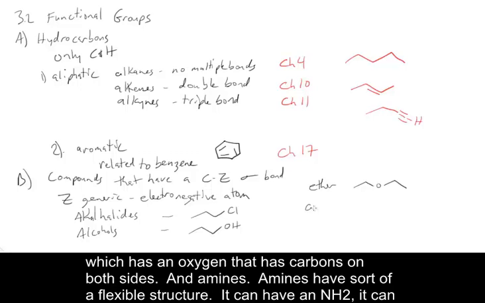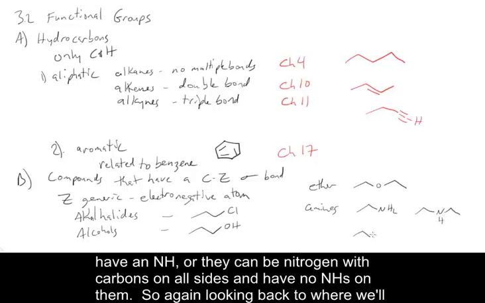And amines. Amines have sort of flexible structure. They can have an NH2, you can have an NH, or they can be nitrogen with carbons on all sides and have no NHs on them.